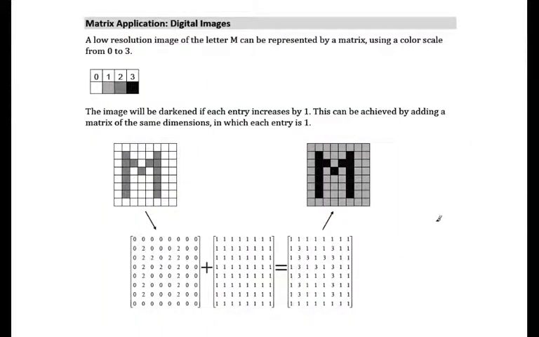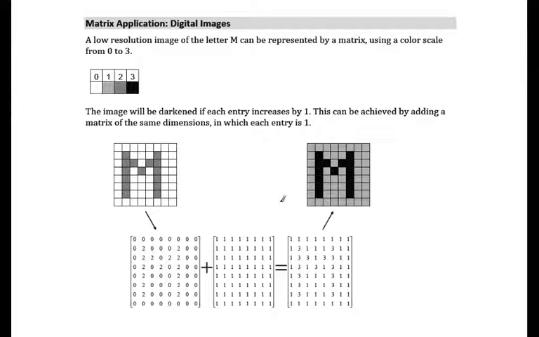An interesting application of operations on matrices is digital images. We have a really oversimplified version here of a digital image, very simplified by being extremely low resolution and by being a color scale of just 4 shades, going from white to black with 2 shades of gray in between. But when we get into more realistic images, a lot of the idea behind what we did with this M here is still true.